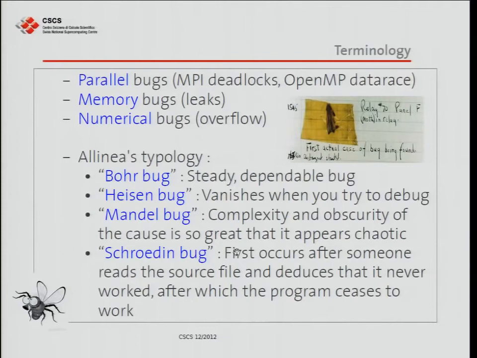There are different types of bugs. The most common ones are parallel bugs, like for example the OpenMP data race that we will see in the exercise. A data race is when more than one thread is trying to access a variable and overwrites the value of the variable, and that's typically a problem of parallelism.